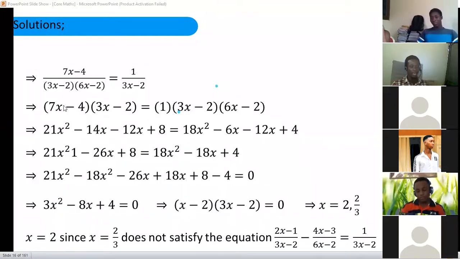Then from here, we need to expand the brackets at both sides of the equation.